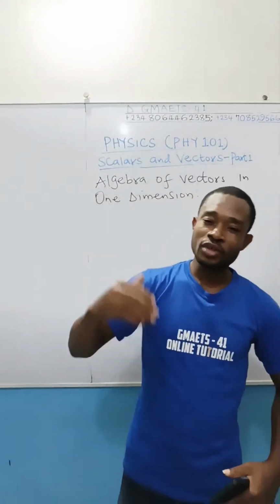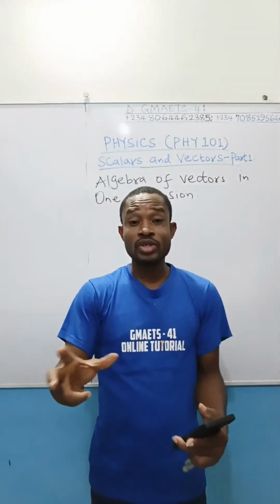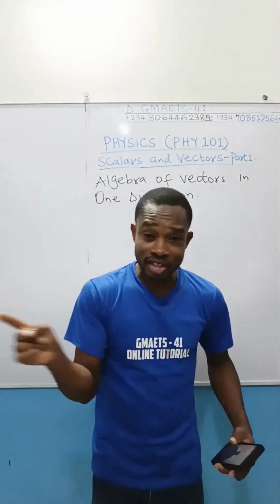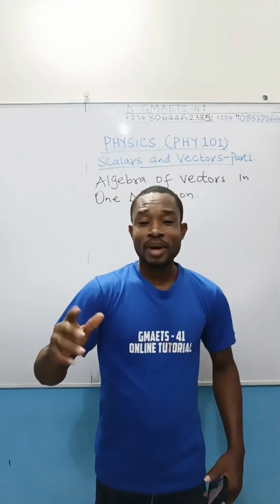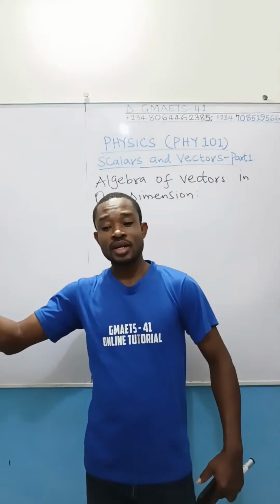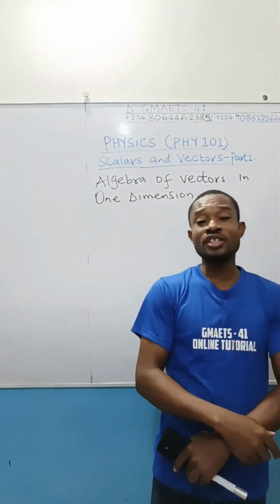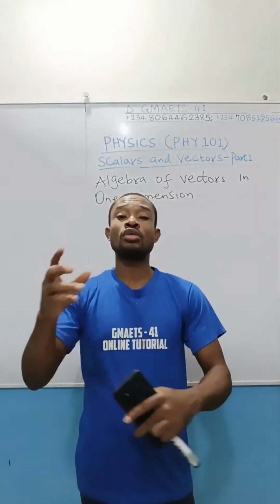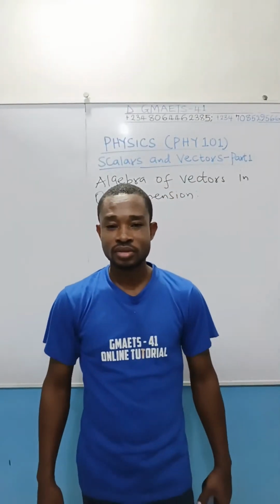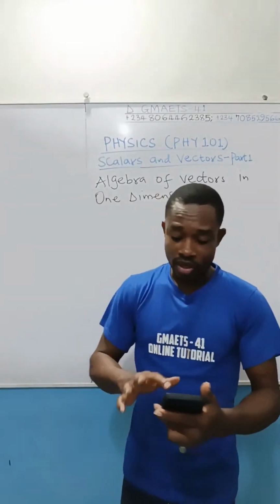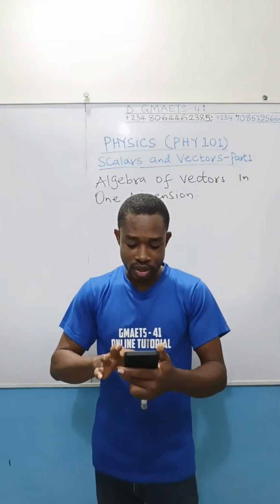The only thing is that for you to get subtraction in vector resolution, when they're in one dimension along a straight line, one might be going in this direction, the other one in the opposite direction, leading to your subtraction. But all in all, you are actually adding them. What you are doing is algebraic addition. So let me say this before we pick a question and see how we handle that.